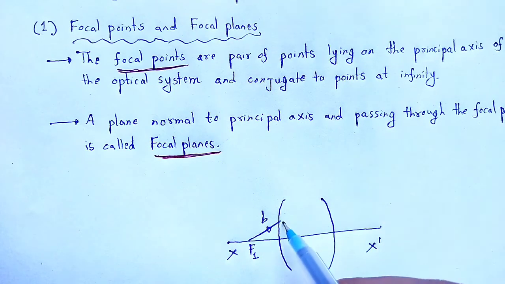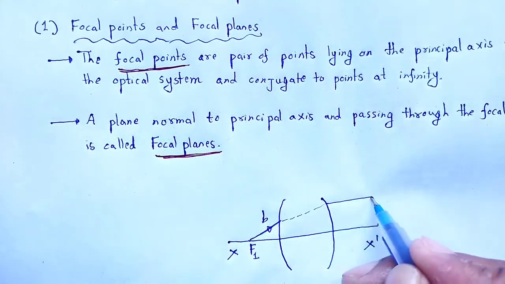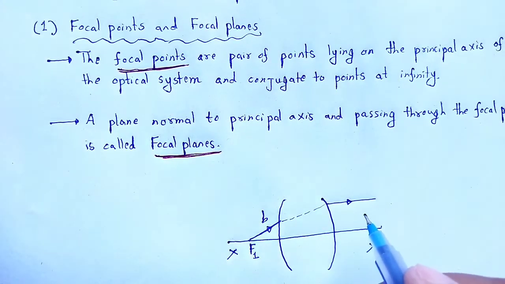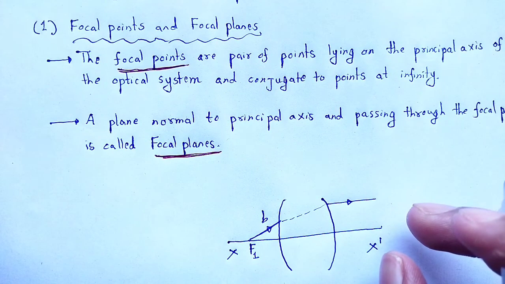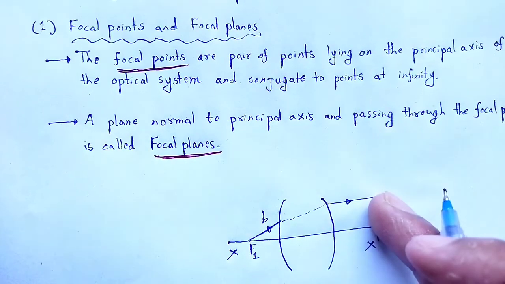After refraction through the optical system, that ray is parallel to the principal axis.